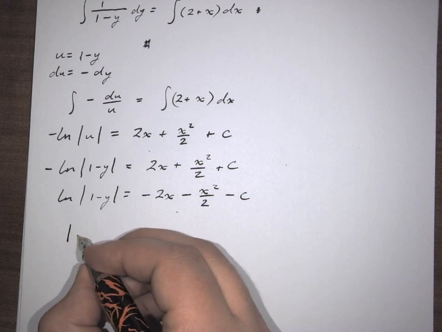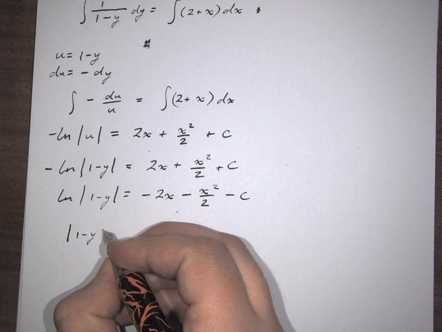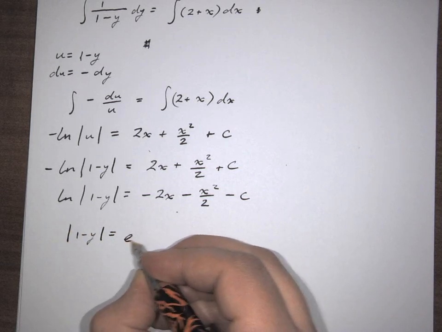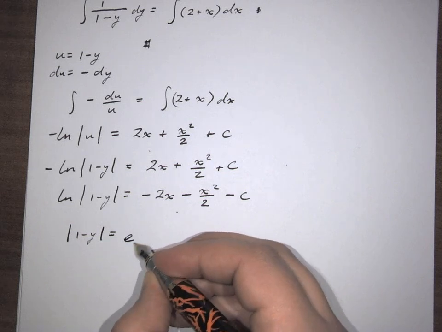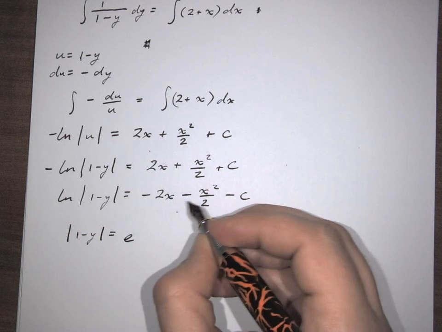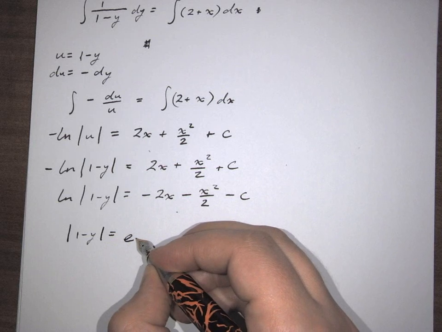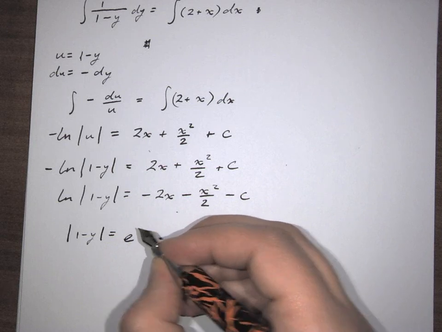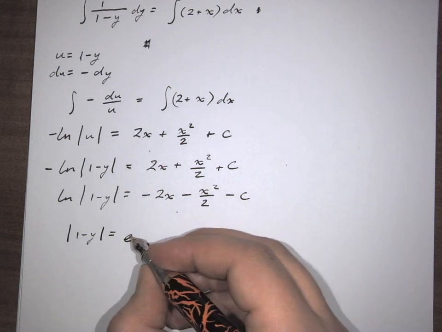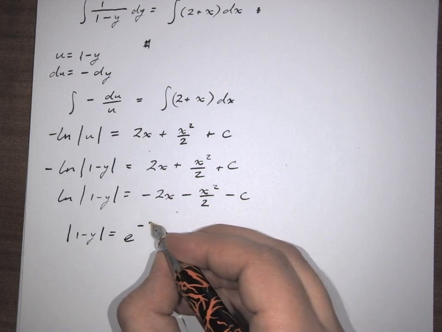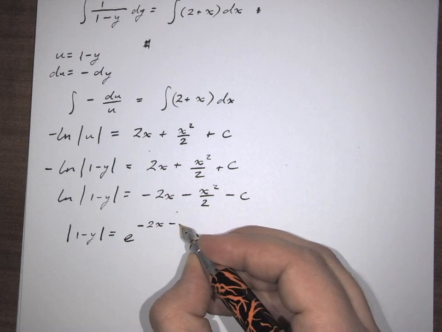And then that means the absolute value of 1 minus y is equal to e to the power of. And actually, when we have these big complicated expressions, it's also common to write it as exp. I'm not going to bother with that right now, but you might see it.